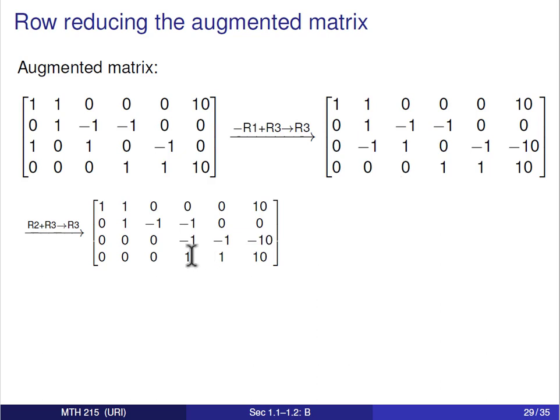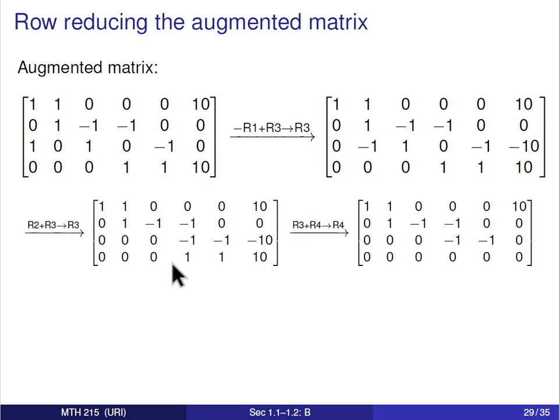Now, once we're here, again, we're not quite done because this -1 is a leading entry and it doesn't have a 0 underneath it, and we need that for echelon form. So -1 plus 1 is just equal to 0, so maybe what I'll do is just take row 3 plus row 4 to create the new row 4. And again, I'm using row 3 in particular because it's got a bunch of zeros which are not going to mess with the zeros already present in row 4.